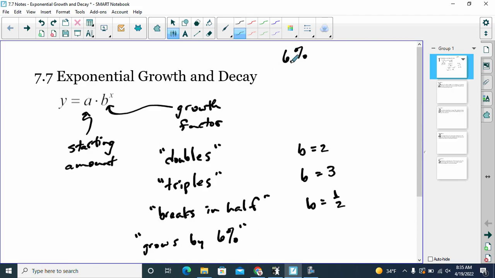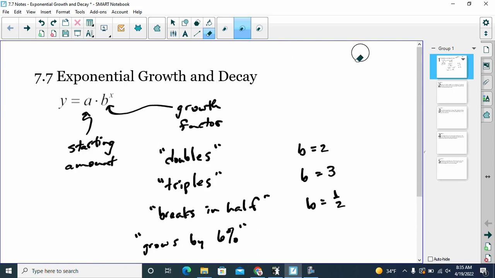If I change 6% to a decimal, I move it 2 places, 1, 2. That's the same thing as 0.06. The problem is my b value can't be 0.06, because 0.06 is less than 1, and if it's less than 1, it's not growth.